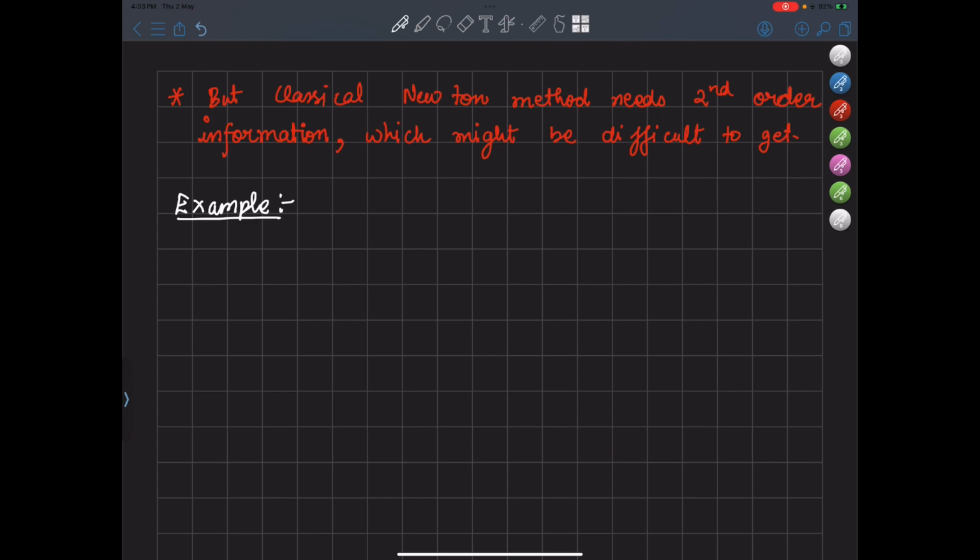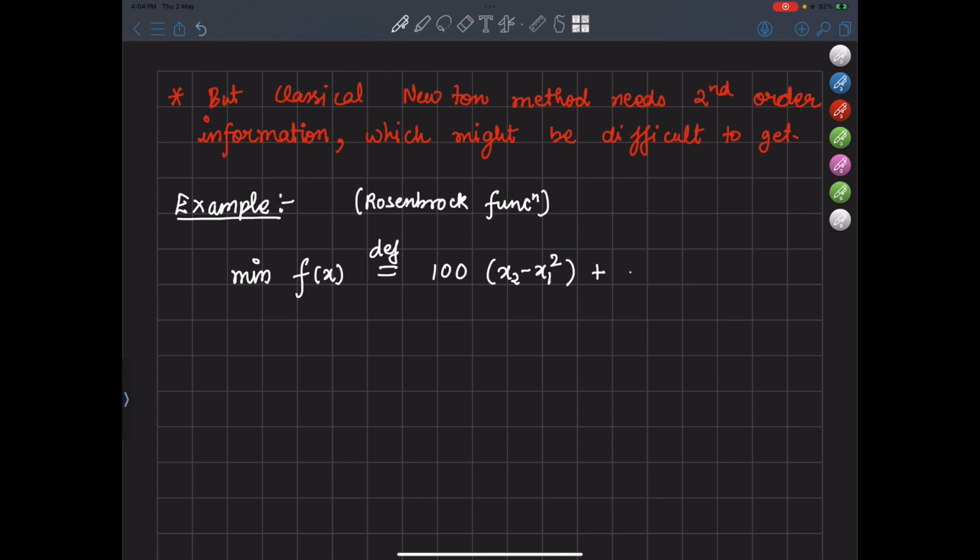So what is the Rosenbrock function? Let's define it first. It is the minimization of f(x), where f(x) is defined as 100 times (x2 minus x1 square) whole square plus (1 minus x1) whole square. So it's the Rosenbrock function.